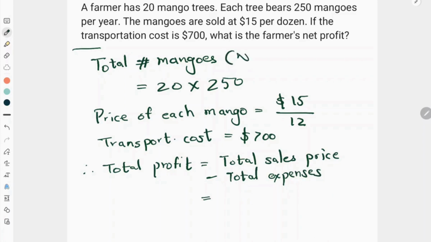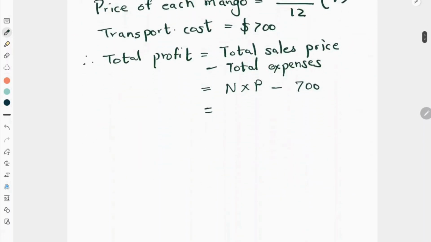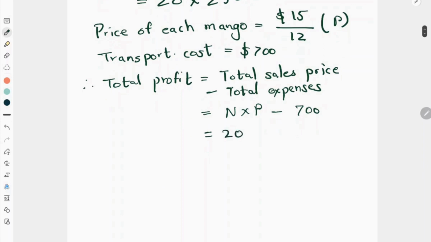Let's call this total number of mangoes N. Price of each mango, let's call it P. So it is N times P minus the total transportation cost, 700. I'm dropping the dollar everywhere, which is N is 20 times 250 times 15 divided by 12 minus 700.